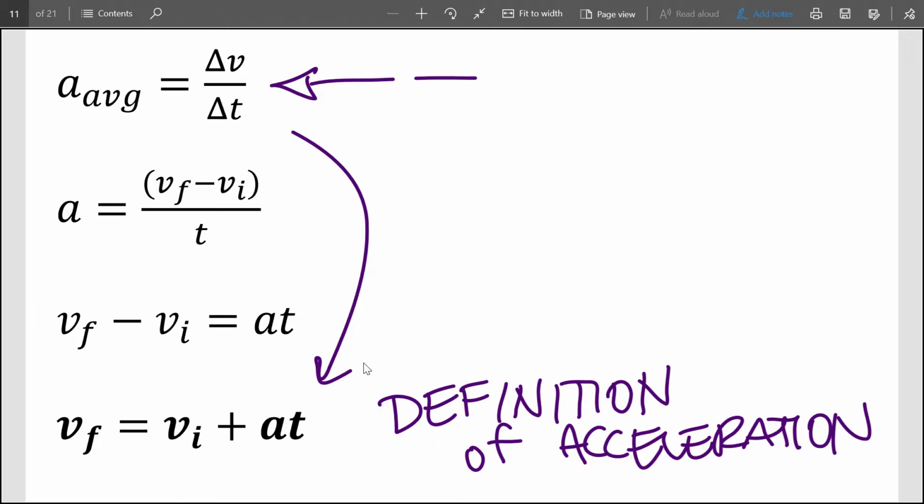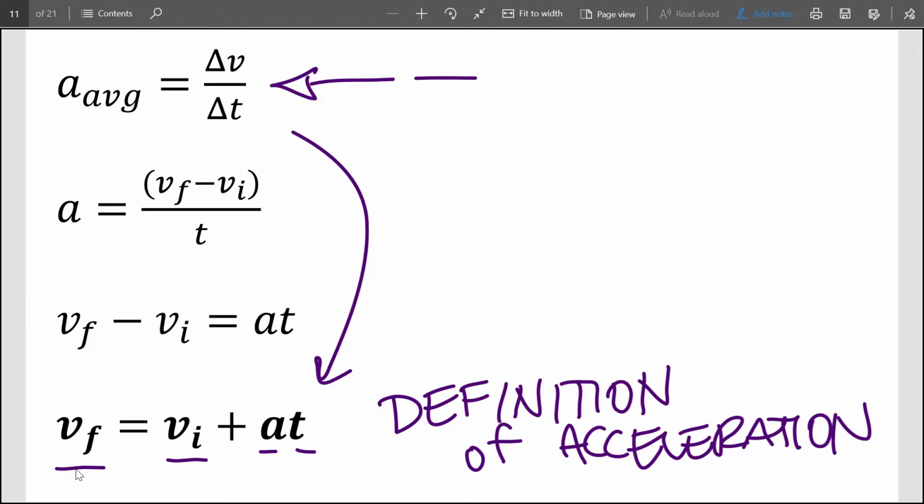Again, something that's on the equation sheet, something you're going to use all the time. It is expressing the final velocity in terms of initial velocity, acceleration, and time. It could be that you have final velocity and you are trying to find the initial velocity, or maybe you're trying to find the time and you have initial velocity. Just because the final velocity is on the left-hand side here doesn't mean that that's the only thing that you can use this equation for.